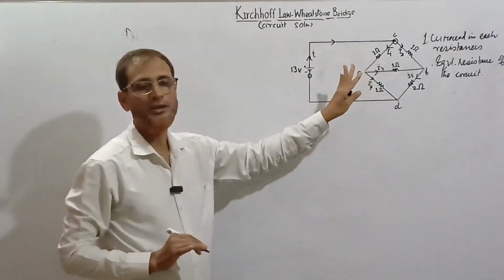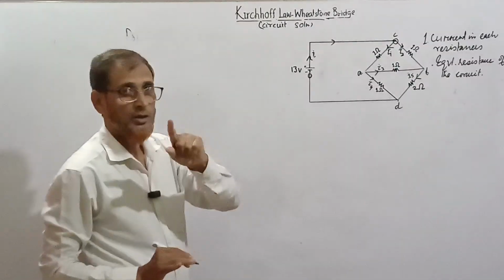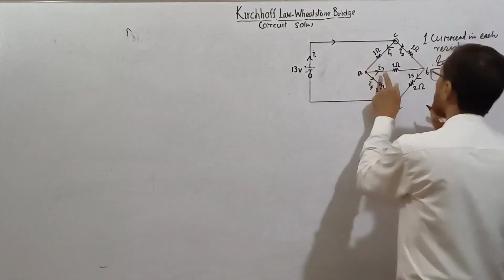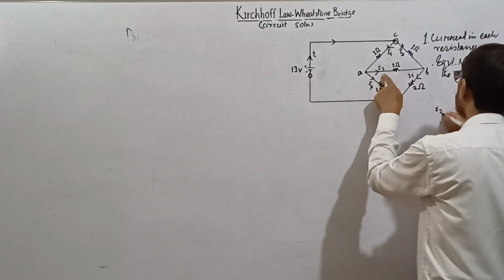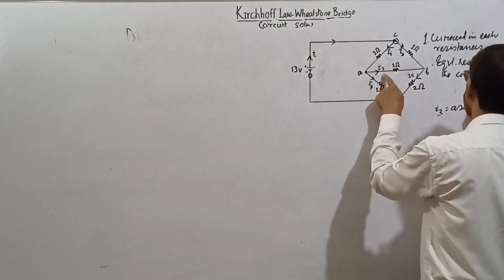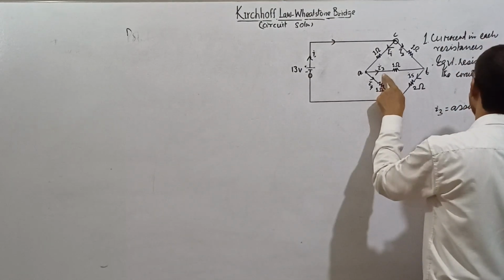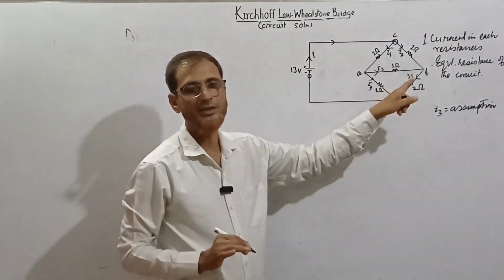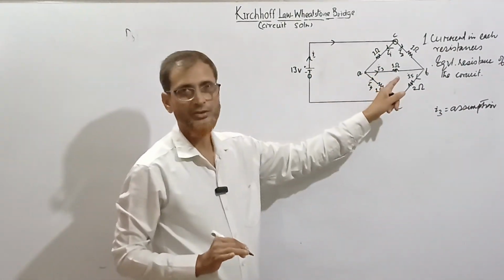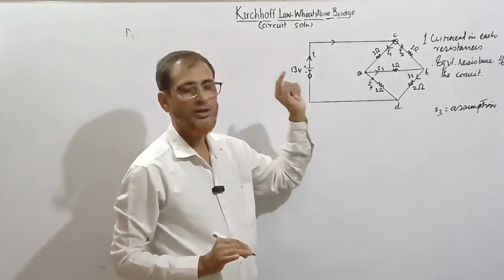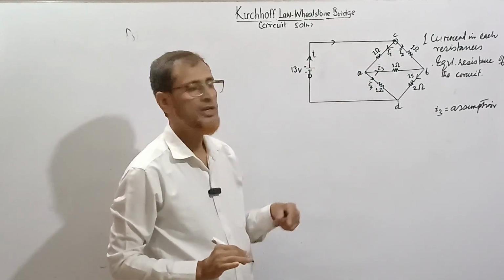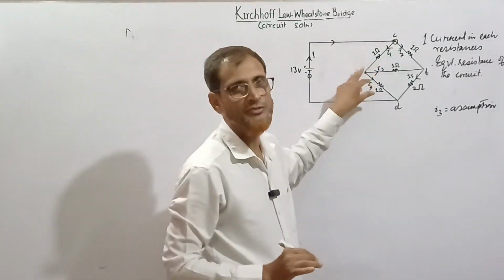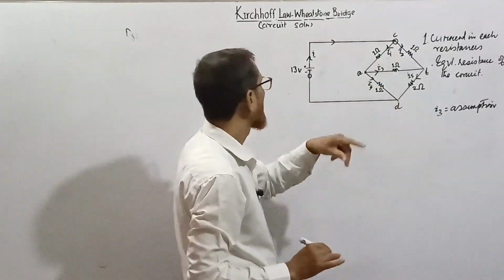I will show the technique minutely, follow the class. But one thing here: the direction of current I3 is only an assumption, it may be correct or may not be correct. That can be evaluated by finding the value of I3. If it is minus, our assumed direction is wrong, and if it is plus, our assumed direction is correct. So let us go through as per the direction which I have shown in the figure.